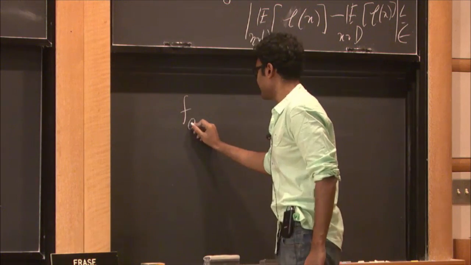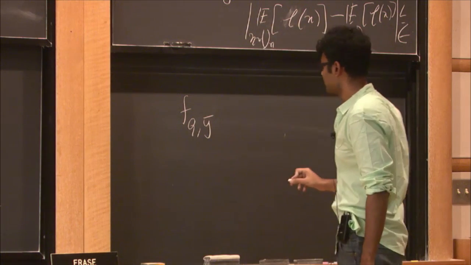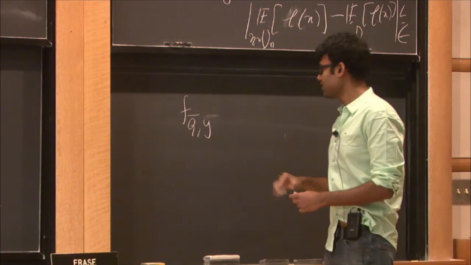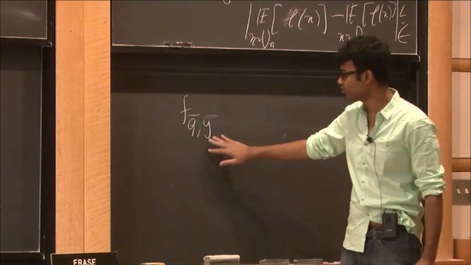So we had this function f_{q̄,y}, which is the evaluation of the coordinates outside q to y.